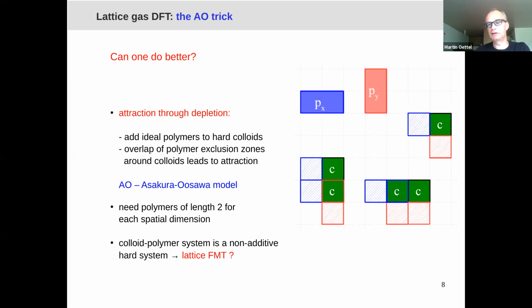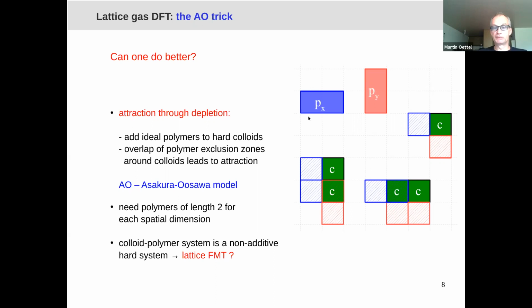It's less in 3D, but it's not very good. An idea to incorporate the attractions is actually with a colloidal physics trick, and this is the Asakura-Oosawa trick. So we generate the attraction between the lattice particles by depletion. And in order to do that, we add lattice polymers.